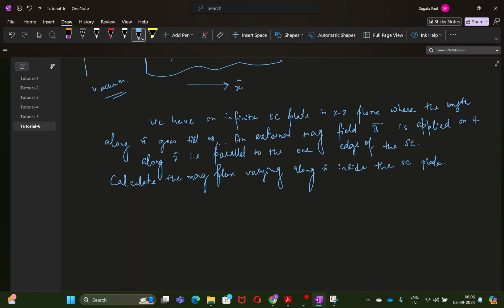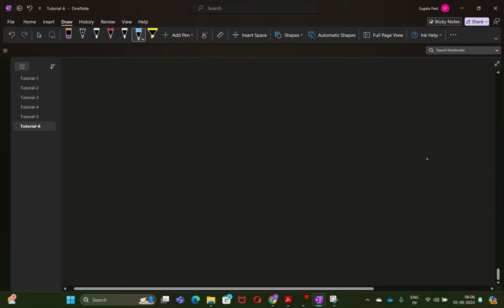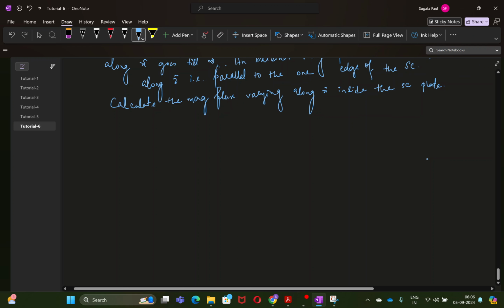First of all, we have to use the basic London's equation. The basic London equation gives curl of J equal to minus n squared by m times B vector. This is the London equation of a superconductor, and it is the main equation we begin with.